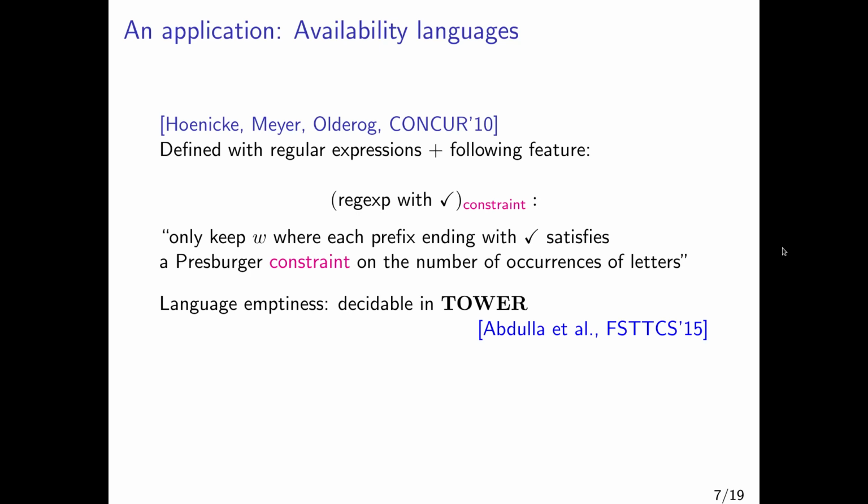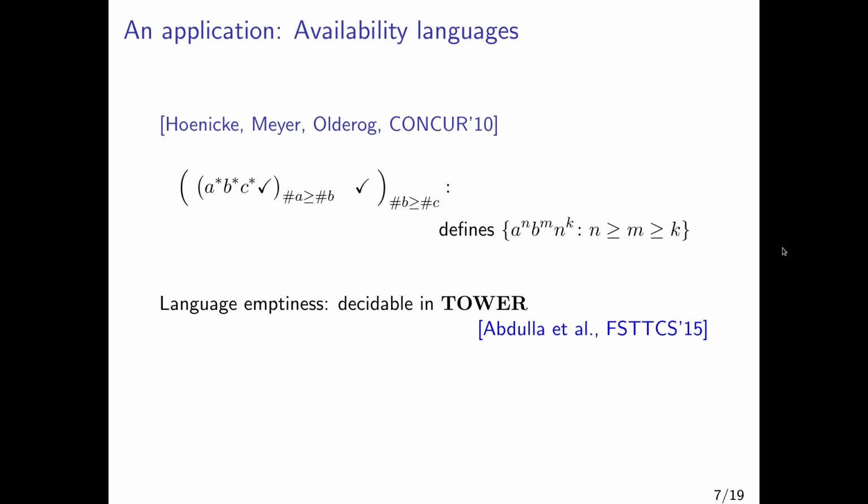So, you can think of these constraints as having linear equalities and linear inequalities on the number of occurrences of these letters. Let me give you an example. Start with this expression in the middle: A star, B star, C star, and then a check mark. Now you put that into parentheses, and then you require that the number of A's is at least the number of B's.